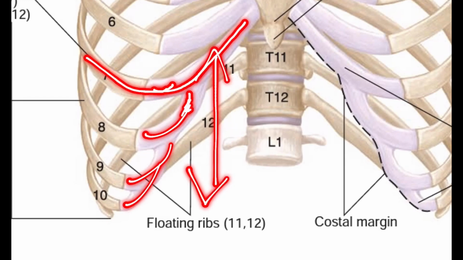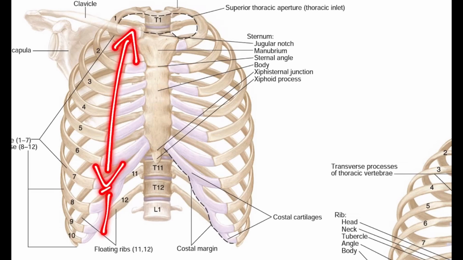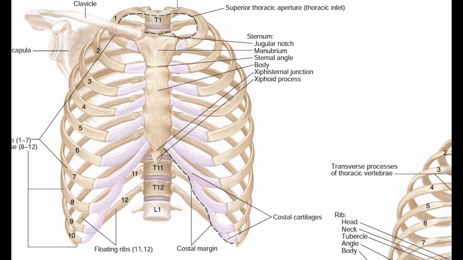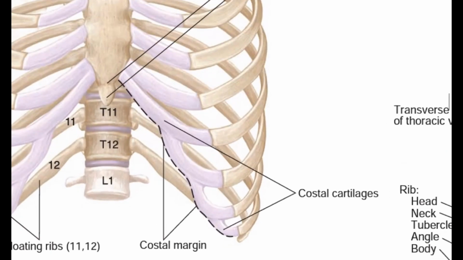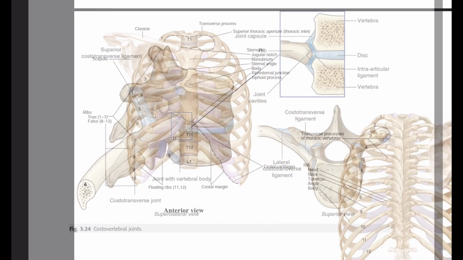Here you can see from 1 to 7 there is a gradual increase in length and then a decrease in length. The 11th and 12th cartilages have free, pointed extremities. Here you can see this is the 11th one and the 12th one is hiding here. So their anterior ends are pointed.